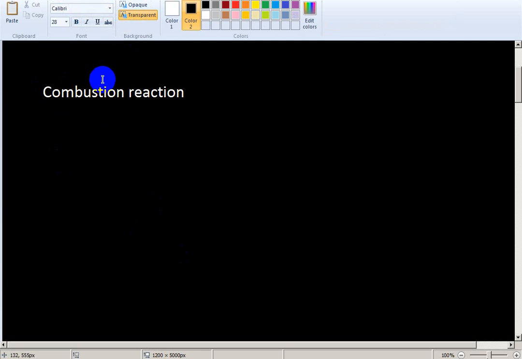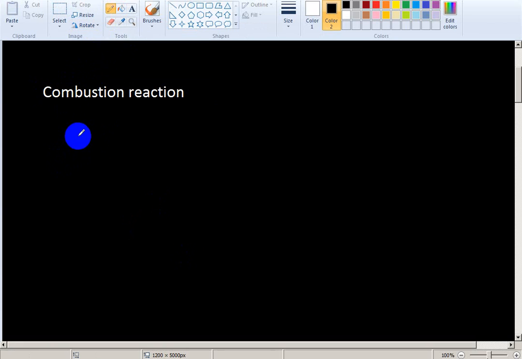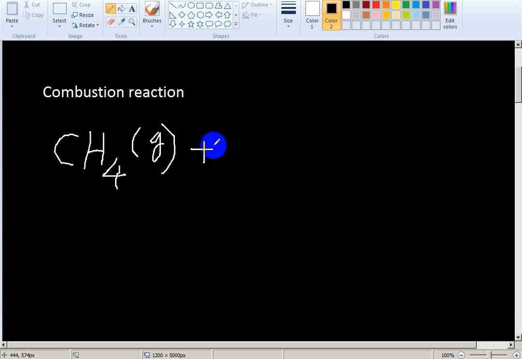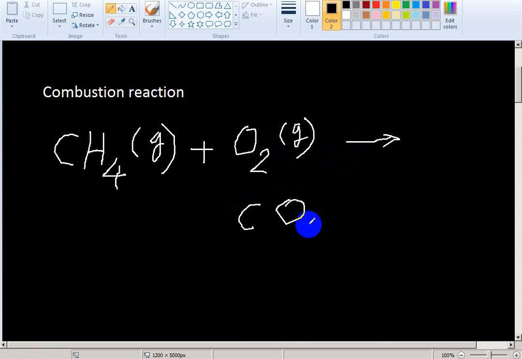Natural gas, methane, CH4, burns in the presence of oxygen in air, forming carbon dioxide gas and water vapor.